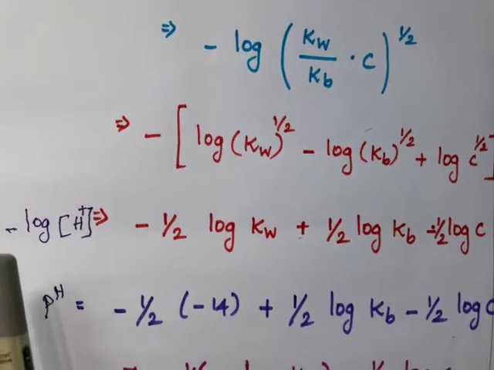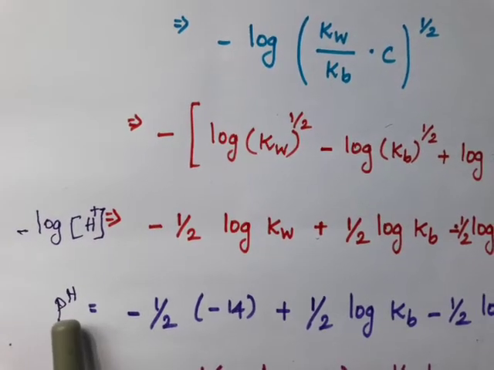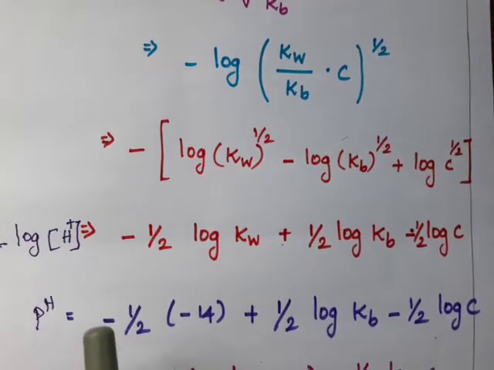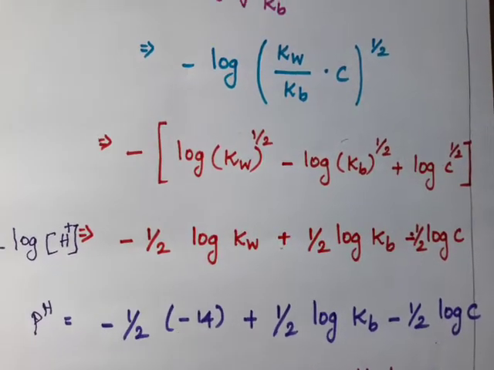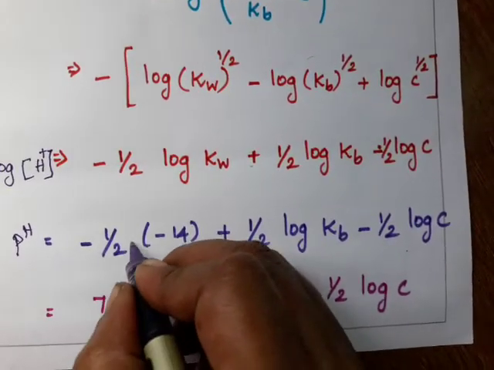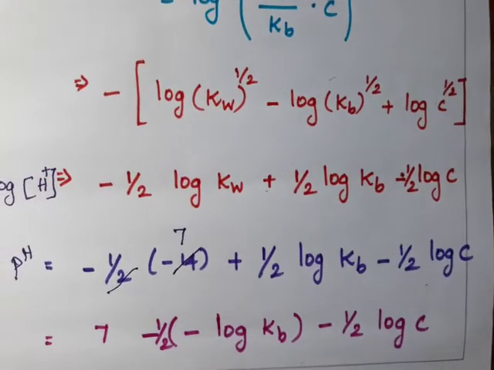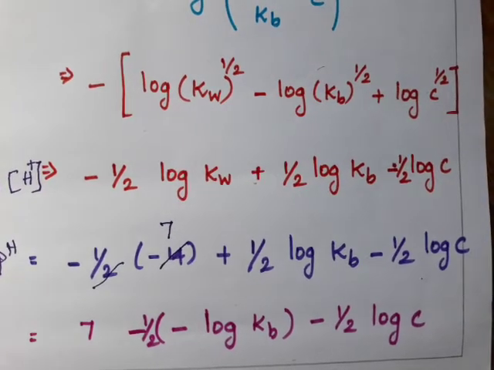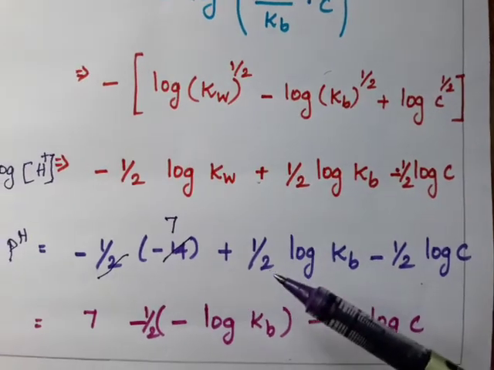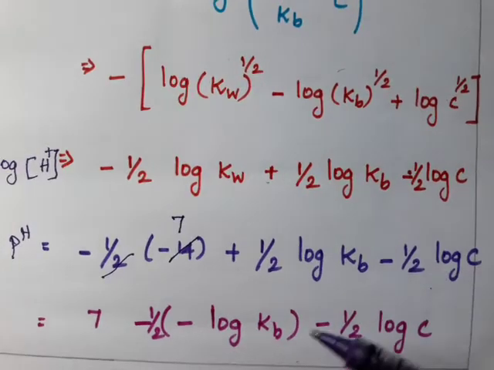So instead of minus log H plus, we can write pH because it's the formula of pH, right? So pH is equal to minus half into minus 14, it becomes 7. Have you understood? So this 2 and 14 will cancel and we will get 7 plus 1 by 2 log Kb minus 1 by 2 log C.